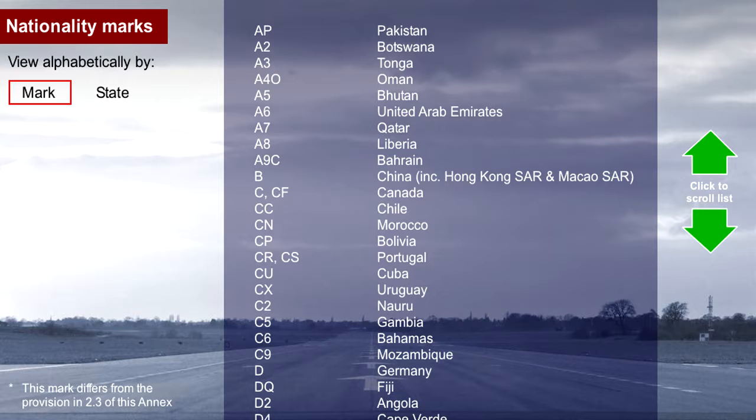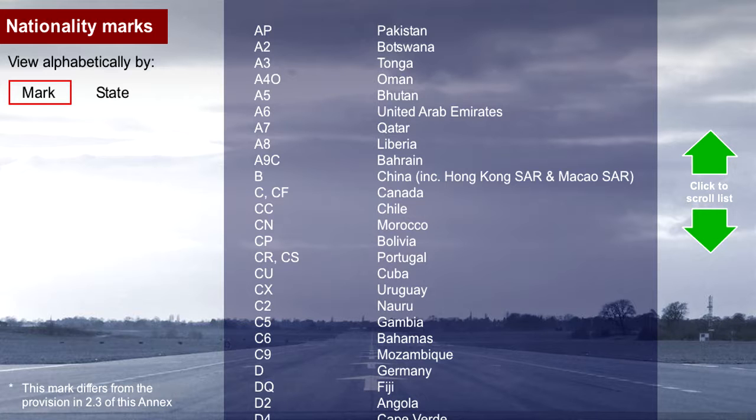A nationality supplement to Annex 7 contains information regarding aircraft nationality marks notified to ICAO at Part B. These are listed alphabetically by state and by marks. Part A of the document registers the differences that have been notified to ICAO by contracting states.